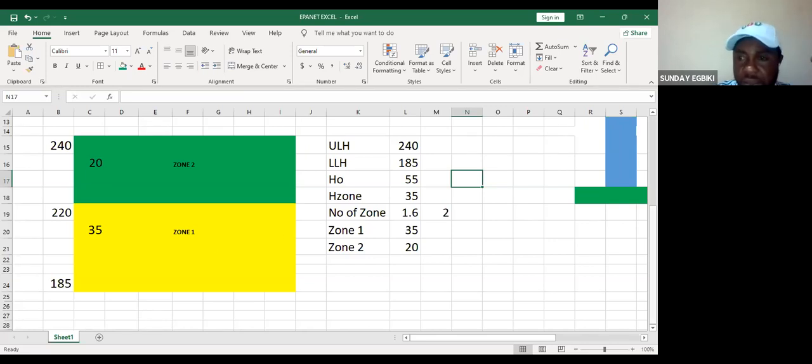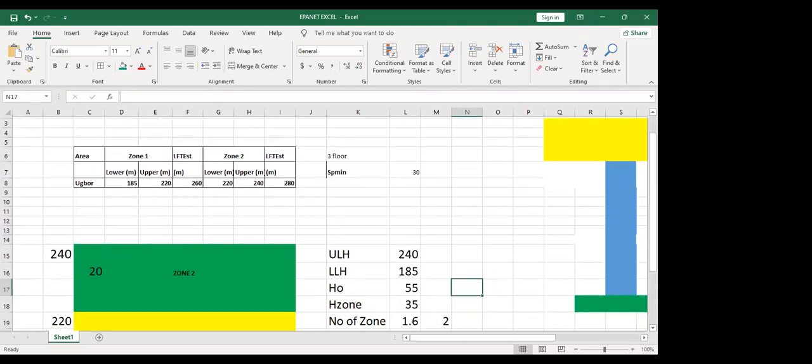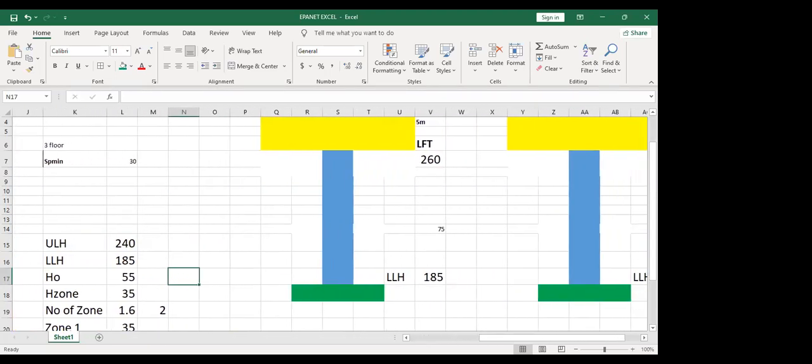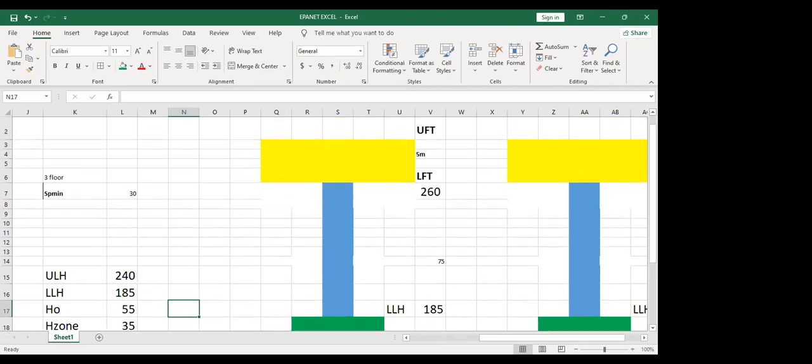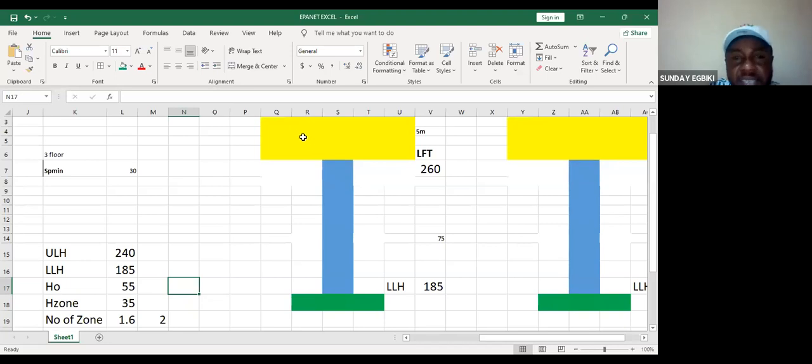In that case, you will come up with this. Let's say this is the height. Just let me scroll up. Let's say this is the tank in zone 1. This is the base. Then this is the stanchion.